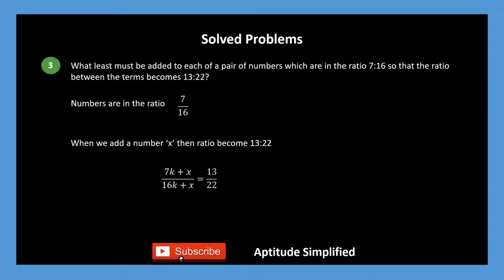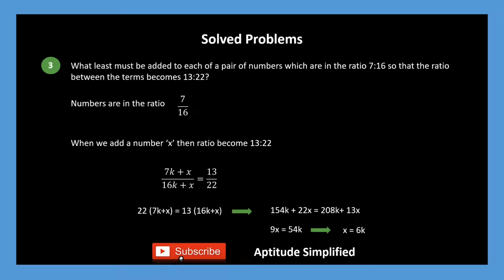Then the equation becomes 7k plus x upon 16k plus x is equal to 13 upon 22. So now we will try to find the relationship between x and k. When we solve this equation, it will finally evolve as 9x is equal to 54k, which means x is equal to 6k.